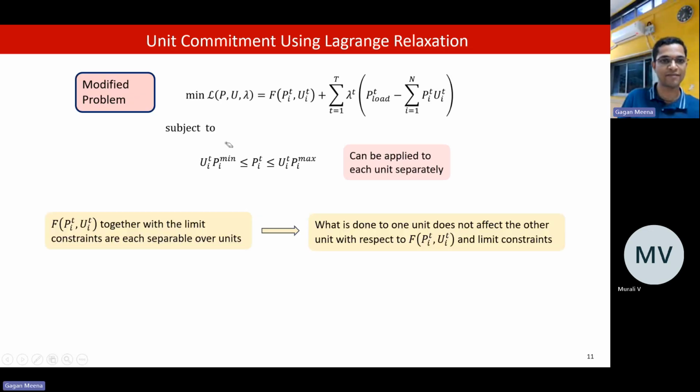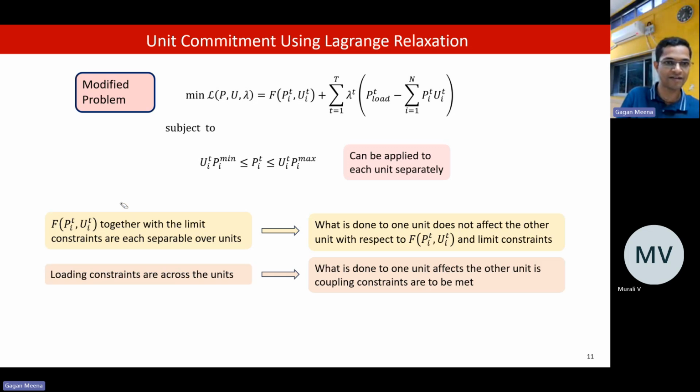The same thing is written again here, that this cost function together with these constraints are separable over units. Independently, they can be solved. That means the output of one generator does not affect the other generator with respect to the cost as well as this technical limit constraint. However, this loading constraint links the problem across the units.